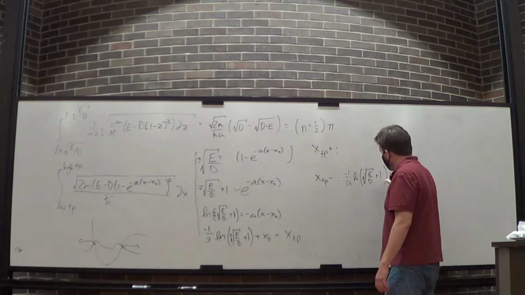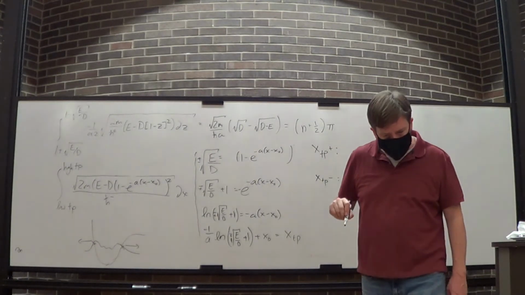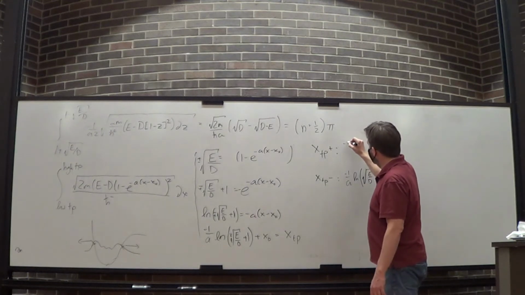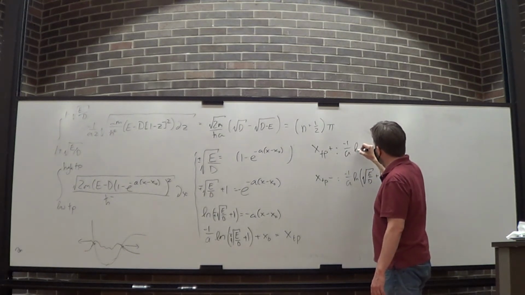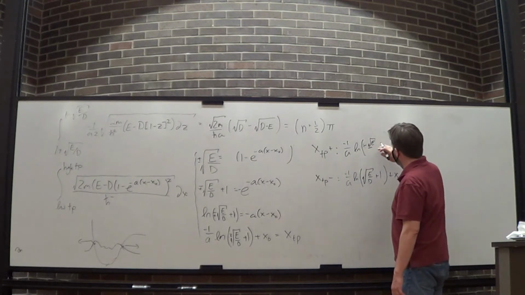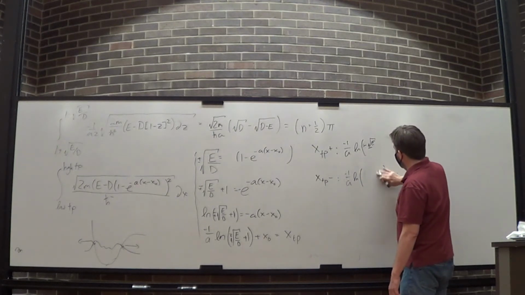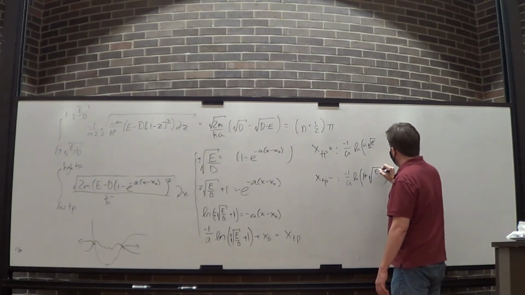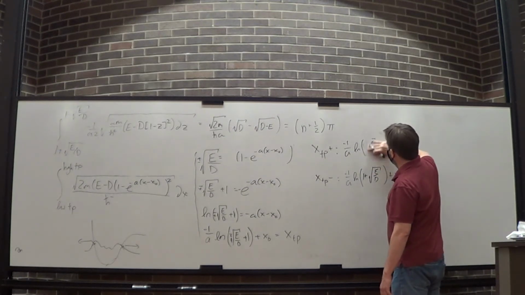I'm just messing up my algebra. Let me double check again. Yeah, okay. Now the higher limit is then minus 1 over a, minus 3. Make it a little bit easier to look at. 1 plus, 1 minus.